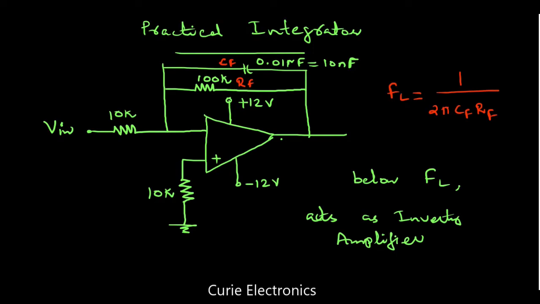Now we'll put some values and see what the FL is for this circuit. Basically, we are making use of the capacitor charging and discharging to make this integrator circuit. We know the capacitor charging property: we get an exponential curve like this.